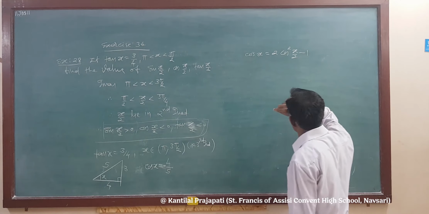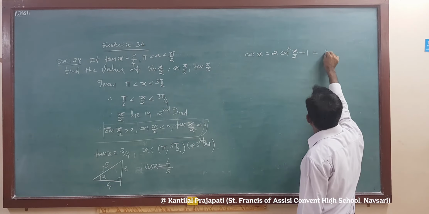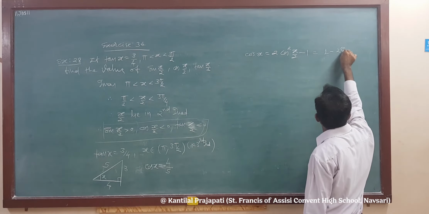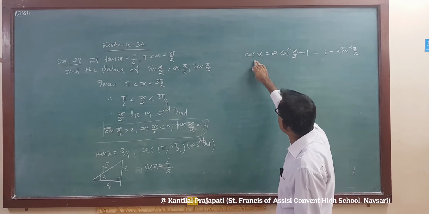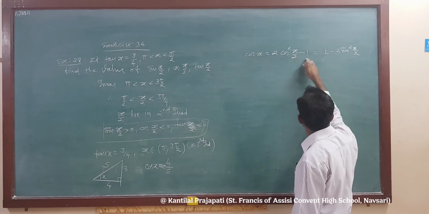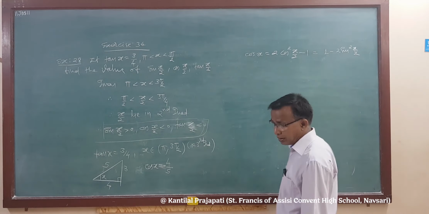We have written this already. It is also written as 1 minus 2 sin square x by 2. Right? Cos 2x is 2 cos square x minus 1, or 1 minus 2 sin square x.